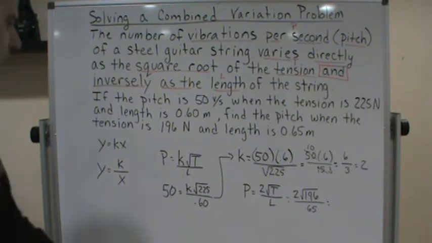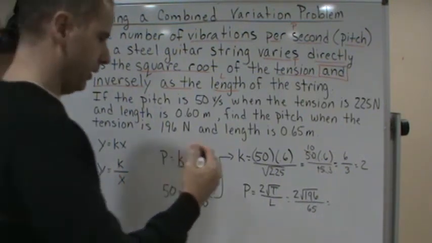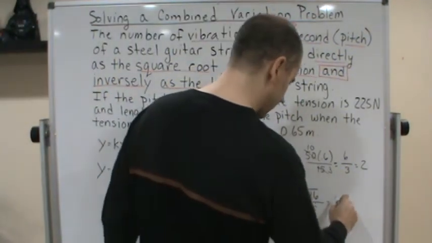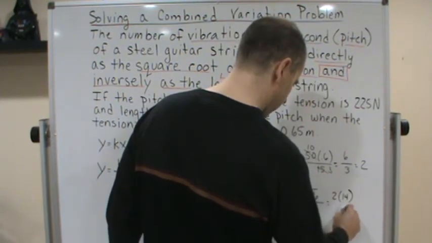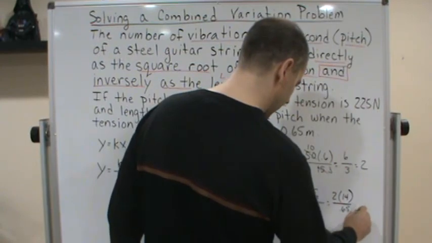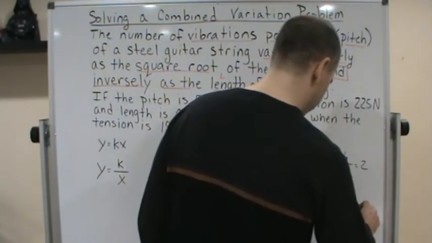Is this a perfect square? I'm thinking it is. Yes, the square root of 196 is 14, which gives us 2 times 14 over 0.65, which is going to give us 28 over 0.65.